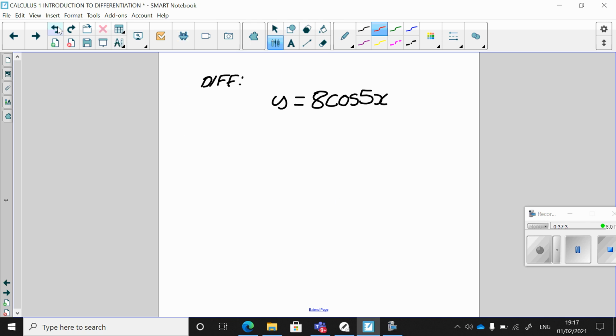Right, 8 cos 5x. Okay, so it looks like bring the 5 out of the front. You know that when you differentiate cosine, it goes to negative. That's why we're going to have that there. And cos goes to sine, and the 5x will stay the same. Right, so I'll just go through that there. Yep, got a negative. But 5 comes out, times 8, cos goes to sine, and the 5x part stays the same.